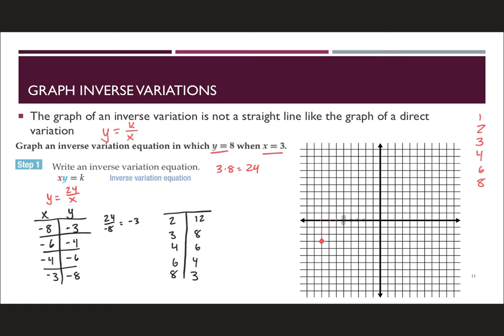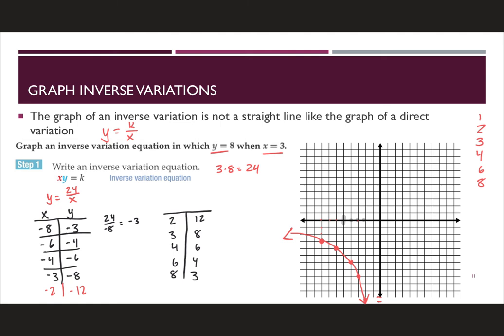So over 6, down 4, over 4, down 6, and then over 3, down 8. If you want, you can add another point, -2. That gives me a -12, and that would put my last value somewhere about right here. And so you can see the beginnings of this downward curve shape.